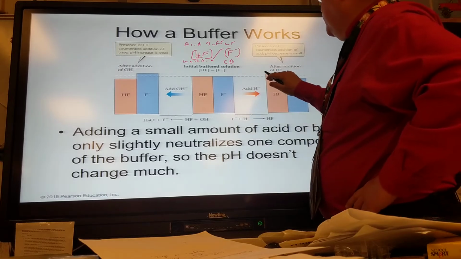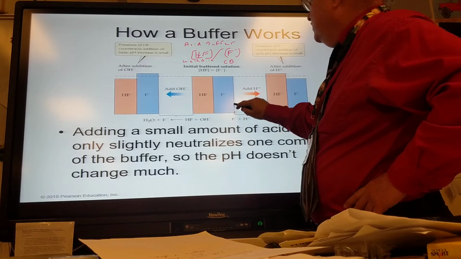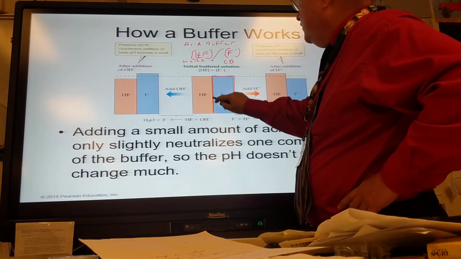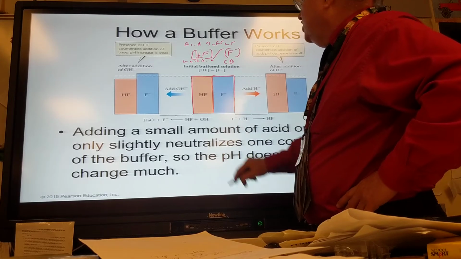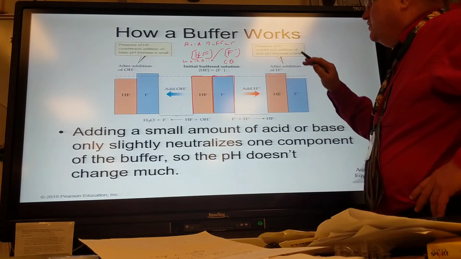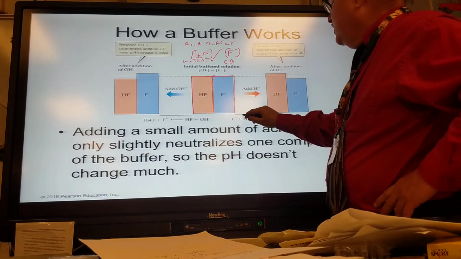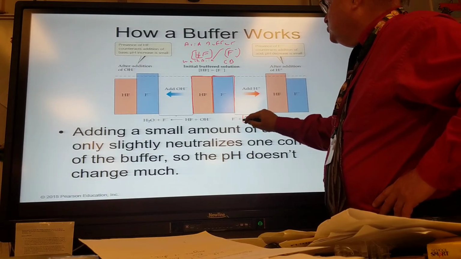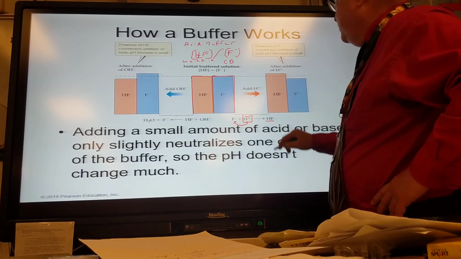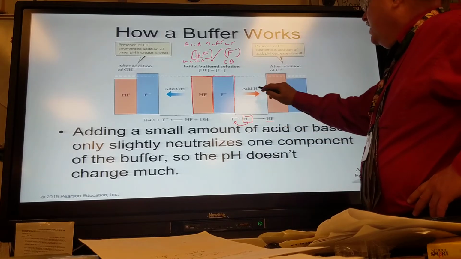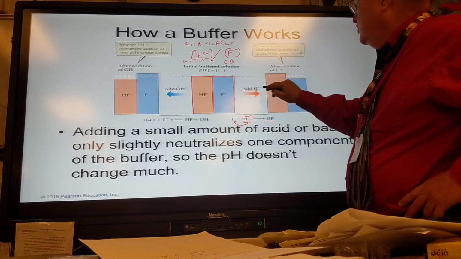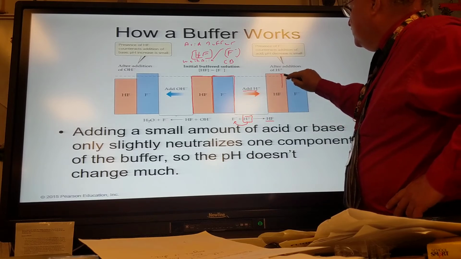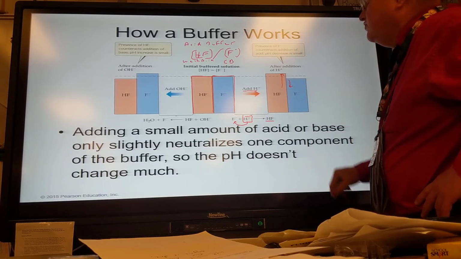Now, here's my fluoride, here's my HF. If I take this system and add an acid to it, the H is going to react with the fluoride to make HF. So after your addition of acid, your HF is increasing and your fluoride is decreasing.